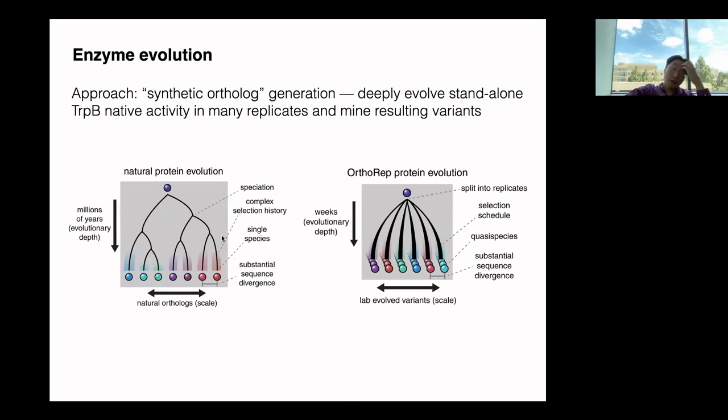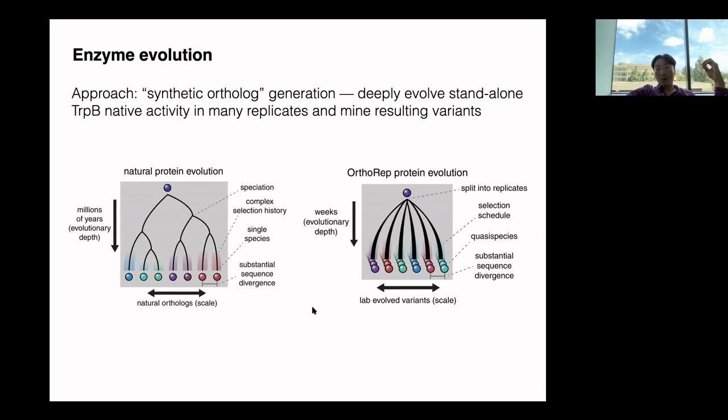And so in the natural evolution case, the idea is that because enzymes have diverged for millions of years, perhaps billions of years for older enzymes, the extant diversity you see, even though they have all been constrained by selection for their primary metabolic activity, will be so different from each other that they might just have a lot of new activities that you can mine.